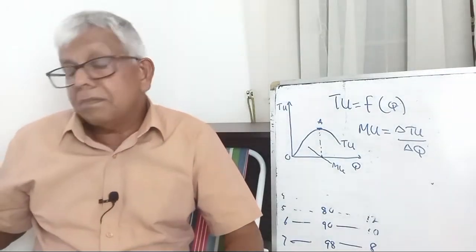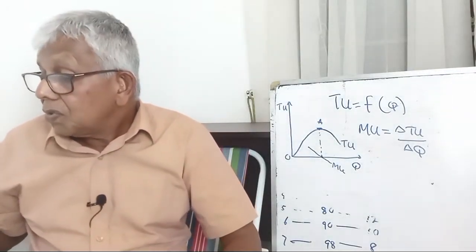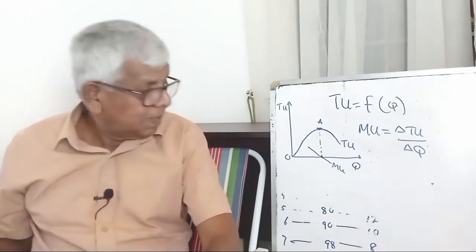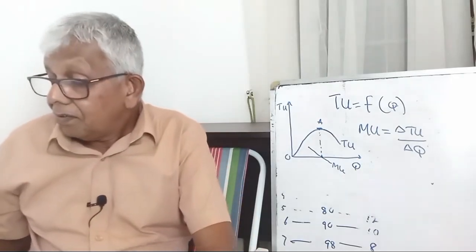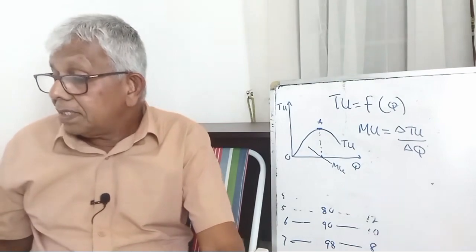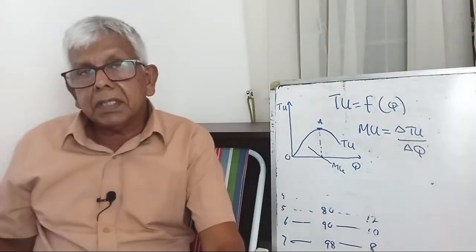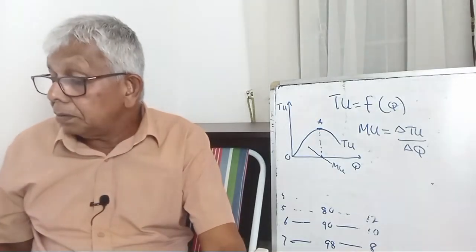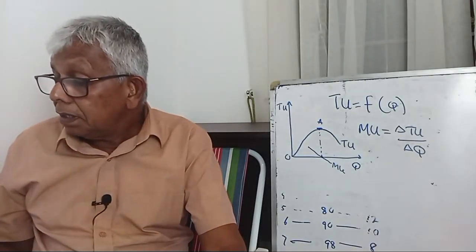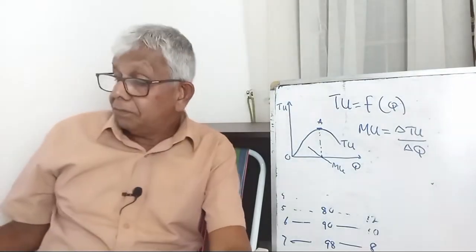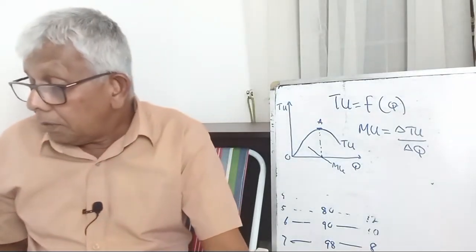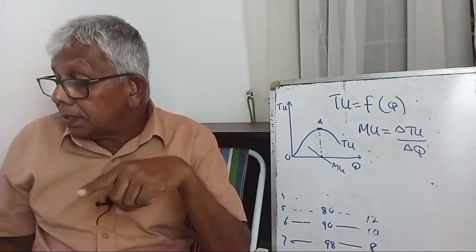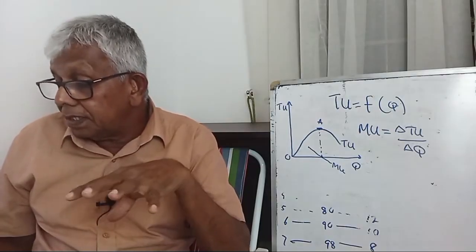This relationship is shown in the figure, where TU is the total utility curve and MU is the marginal utility curve. Here you can see that the marginal utility MU is gradually decreasing.